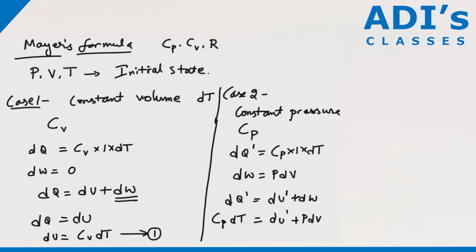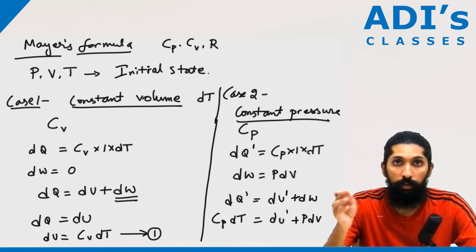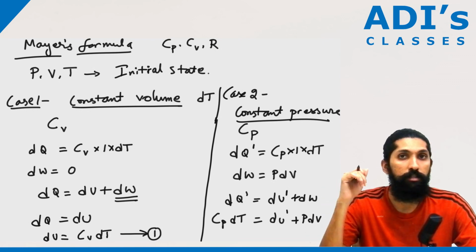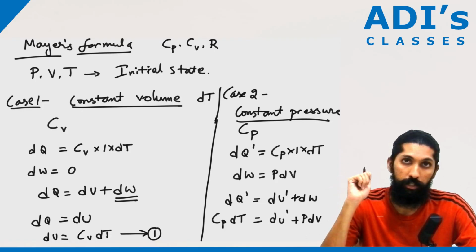We are heating the gas once at constant volume, which is the first case, and the second time at constant pressure, correct? The internal energy is going to be the same in both cases. Since it's constant in both cases, we can equate dU and dU dash.